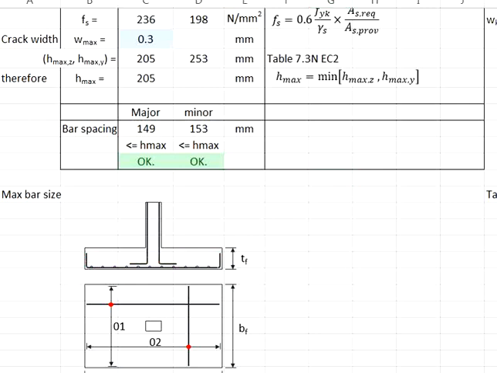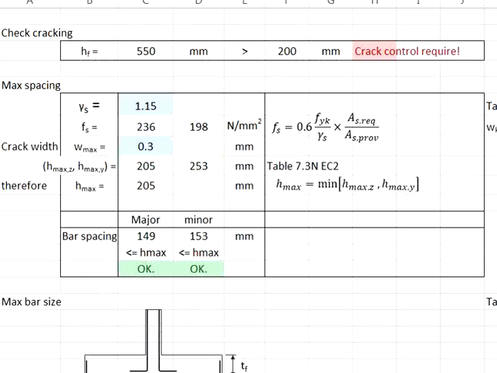In order to control the crack, you may position the perimeter reinforcement surrounding the edge of the pad footing, and the spacing between this reinforcement shall not be greater than 200 mm. Also, you're going to check for the maximum bar spacing.